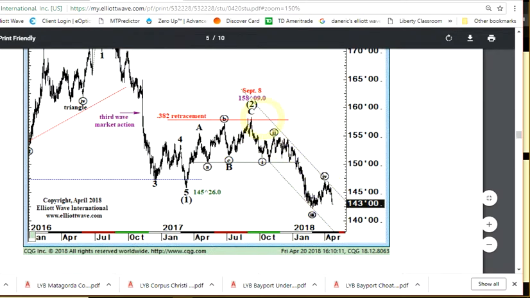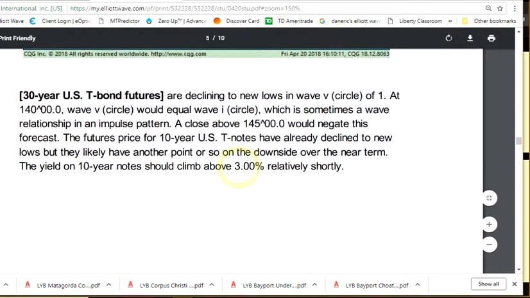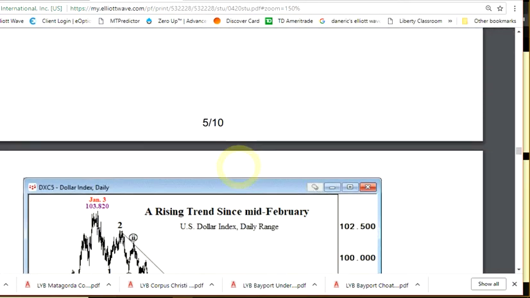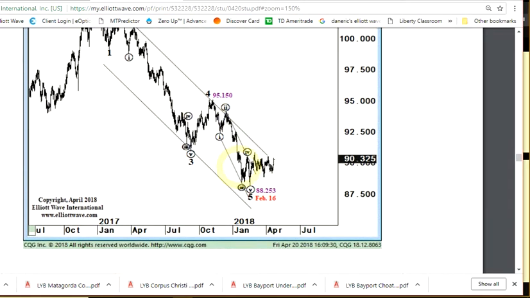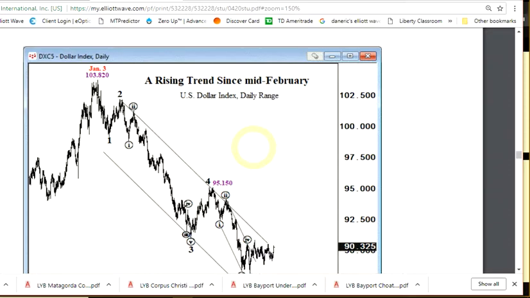So this is a wave 1 of a larger degree 3 that'll play out. So you can see here that the bond market yields really went up this week because the bond market really sold off. So if you still got money in a bond fund, you really need to think about taking that out. Of course, you get to decide, it's your money.